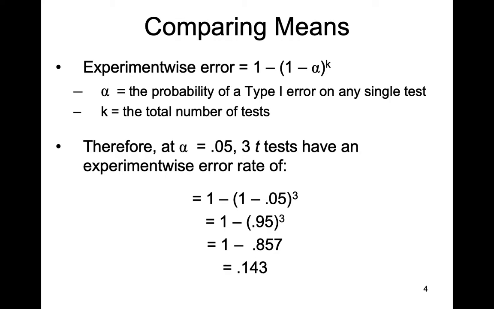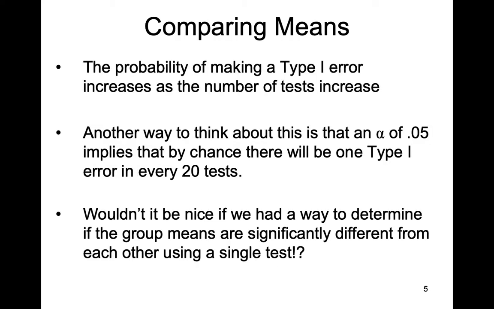So the short of it is, the more tests you do, the greater the likelihood of making at least one type 1 error. So the probability of making a type 1 error increases as the number of tests increase.